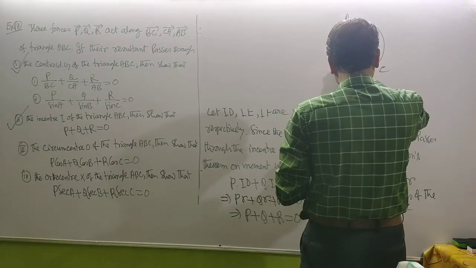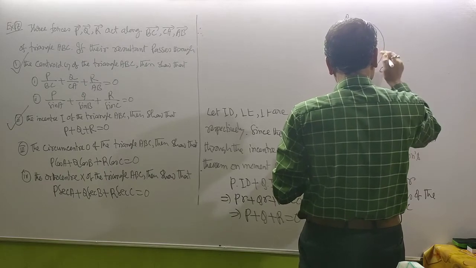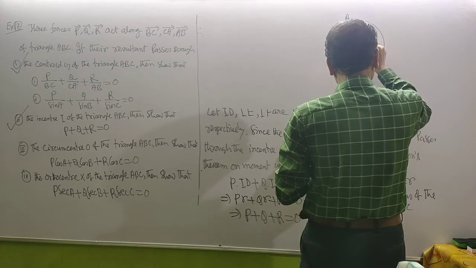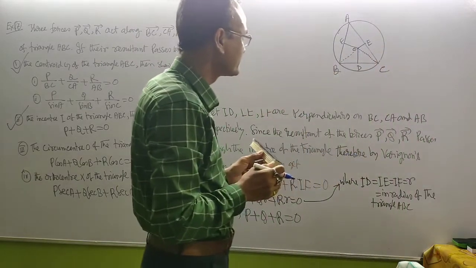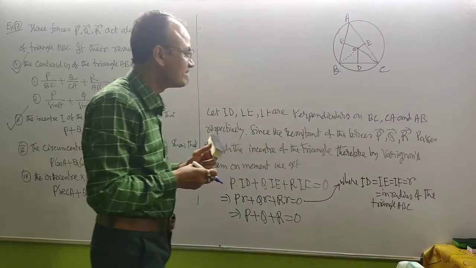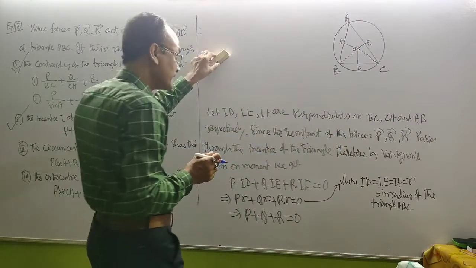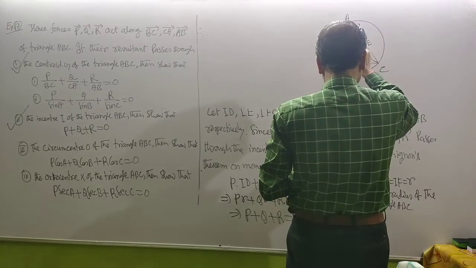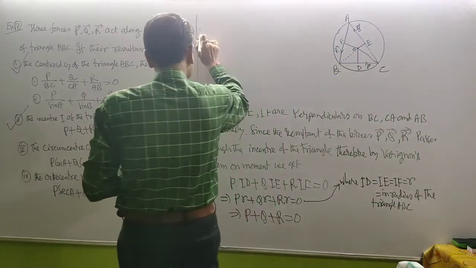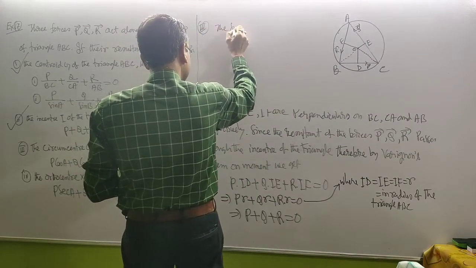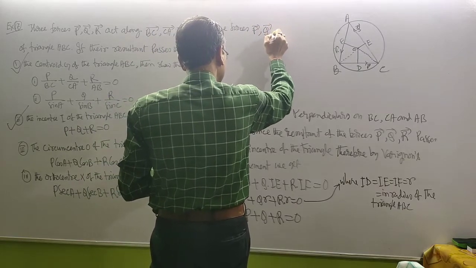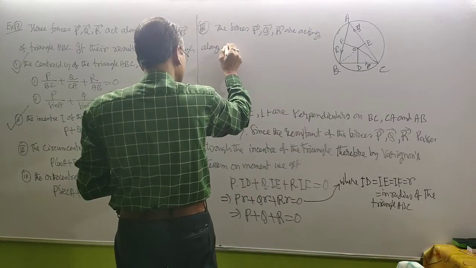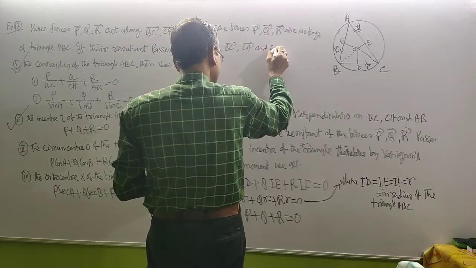Now, suppose this is O. I am writing here O. The forces P, Q, R are acting along BC, CA, and AB respectively.